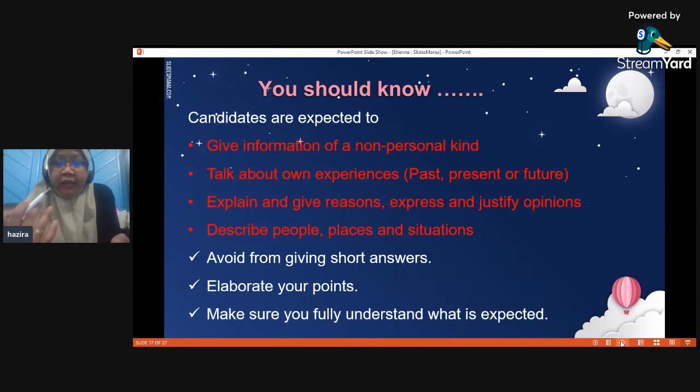Try to elaborate when you respond to the teacher or to the interlocutor. Don't worry, because for part two, you will be provided with a booklet that contains the task for this part. So make sure you fully understand what is expected of you. You can ask the teacher if you are not sure, but still don't expect the teacher to explain in detail what you have to do.